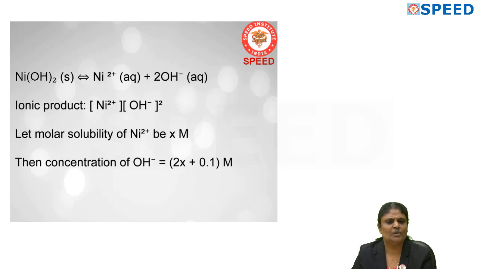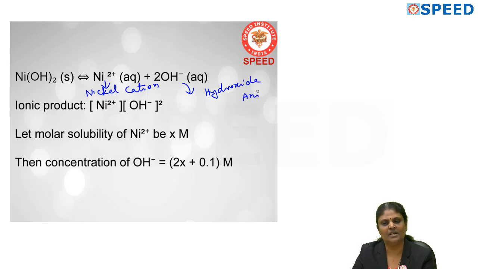So this is the calculation step. Ni(OH)2, this is the solid, so it will become Ni2+ ion, the nickel cation, and then this one is the hydroxide anion.